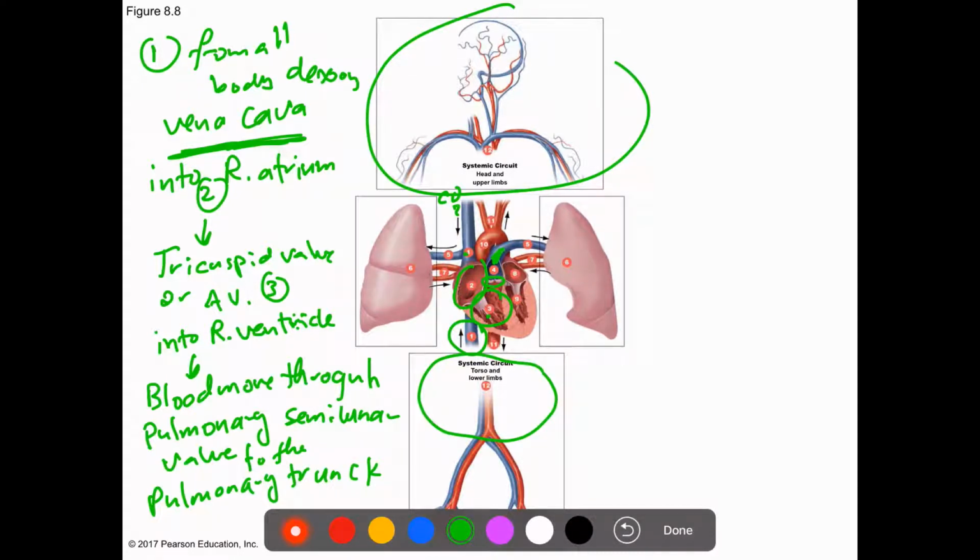Pulmonary trunk will take blood to the lungs. That is number 5 on both sides.